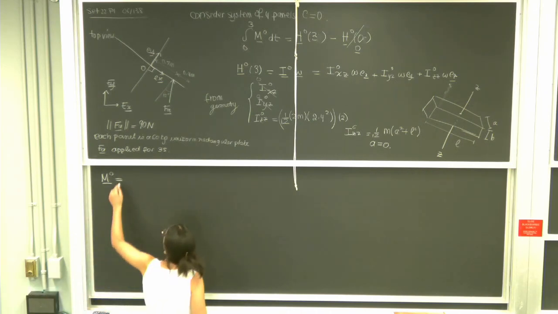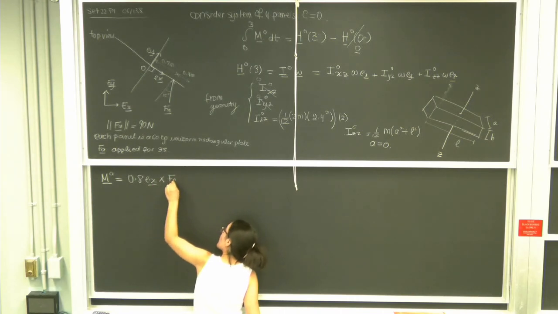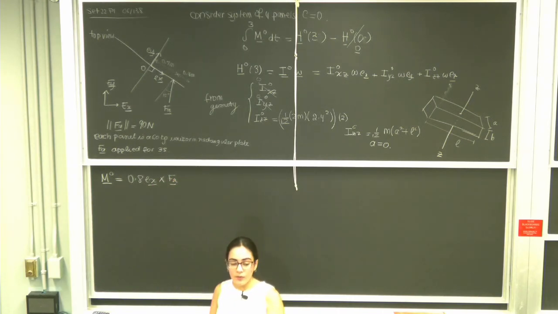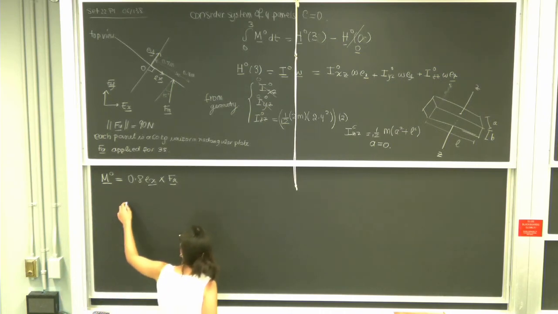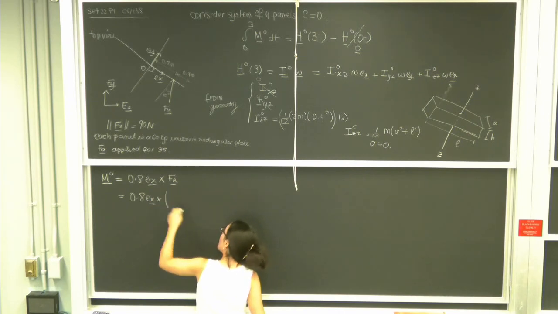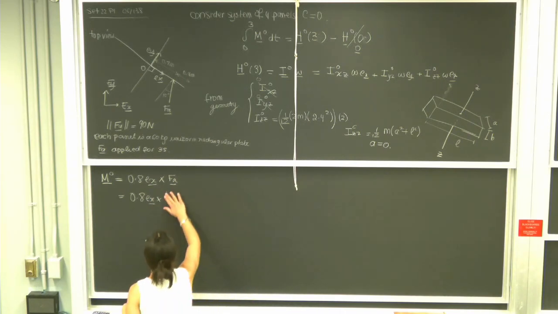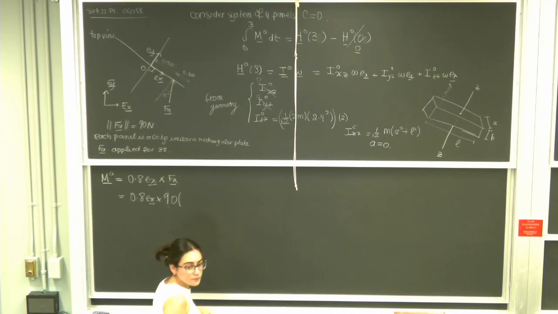So that's going to be 0.8 Ex crossed with Fa, and Fa is always forming this angle 15 degrees with Ey basically. So I can say that Fa, how can I express it in terms of the corotational basis? How can I express Fa in terms of the corotational basis?